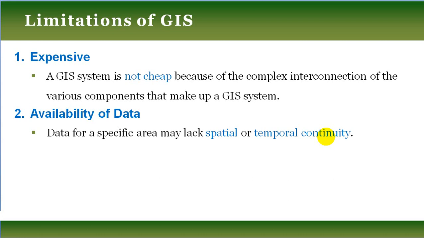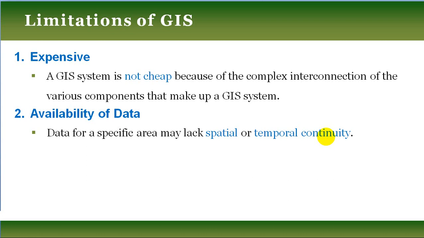I need the elevations, the terrain data for Kolkata. I need satellite images, high resolution satellite images to identify different types of spatial objects. All the examples that I gave you are the spatial data required for this KMC area.